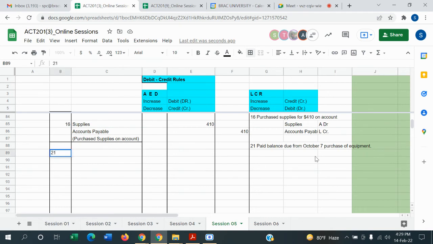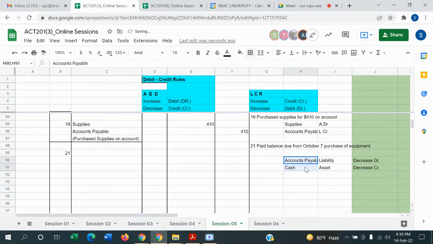Accounts payable and cash. Because that due amount will be paid, it's a liability, and cash is an asset. So liability decreased, should be debit. Asset decreased as well, should be credit.